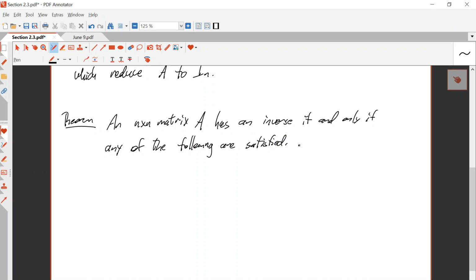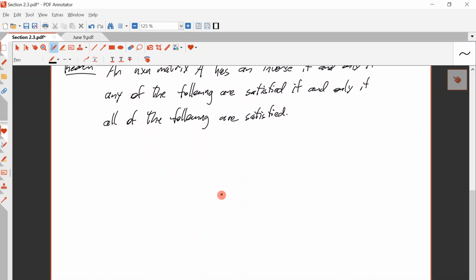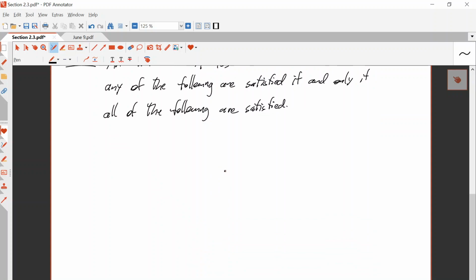So it has an inverse if and only if any one of the following are satisfied, if and only if all of the following are satisfied. So the following statements are all equivalent. They all mean an inverse exists.